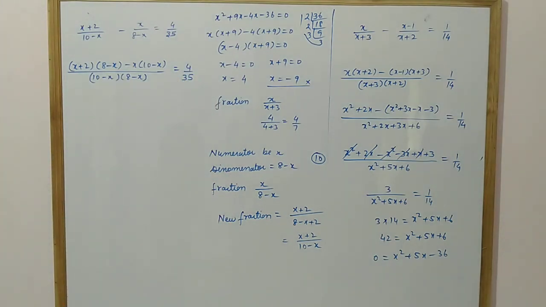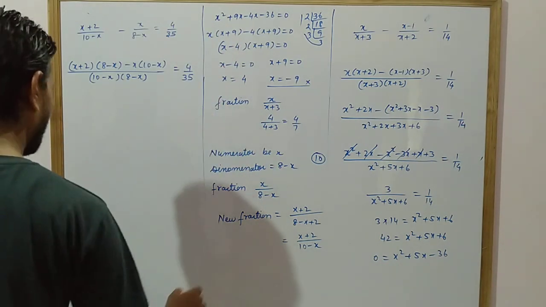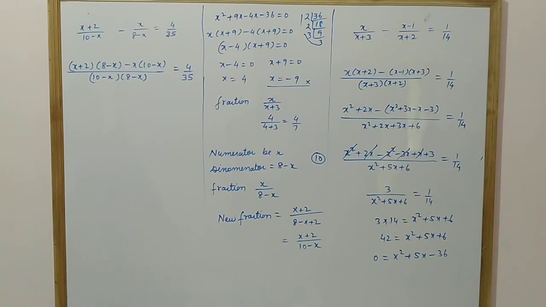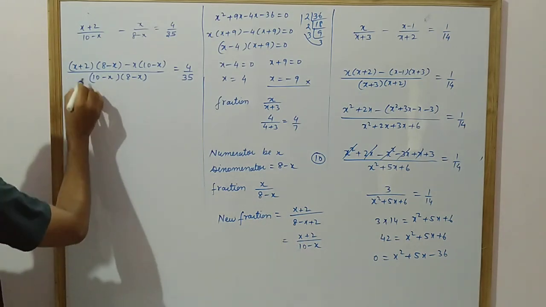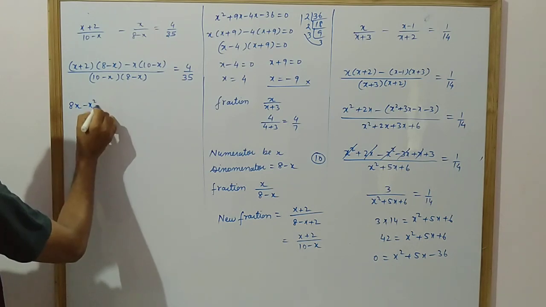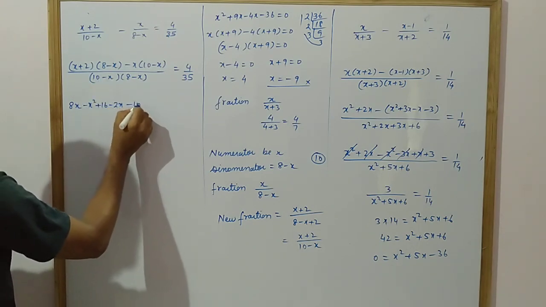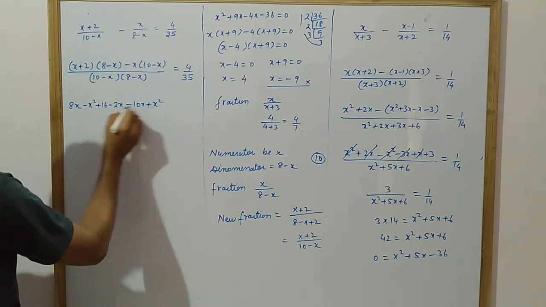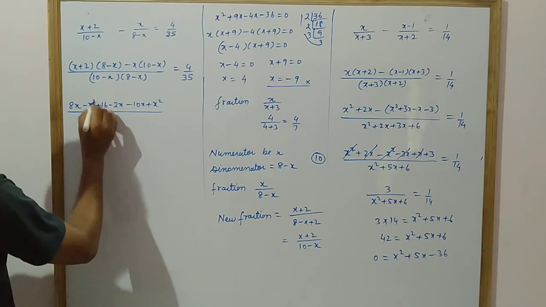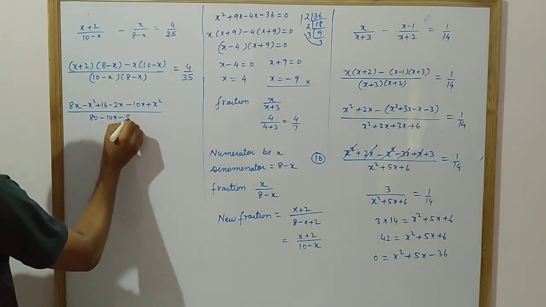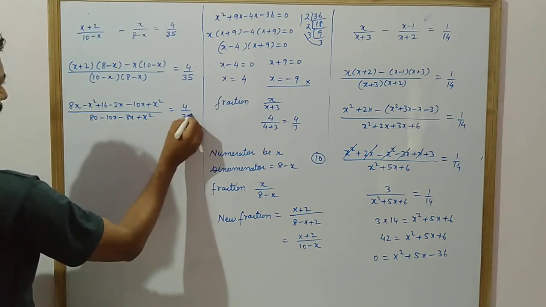Okay. Now, you see here, this is 8x minus x square plus 16 minus 2x minus 10x plus x square by, this is 80 minus 10x minus 8x plus x square equal to 4 by 35.